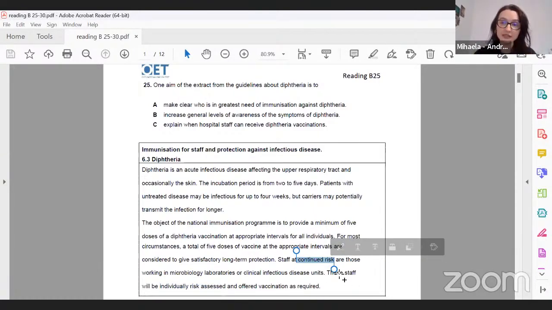If they are at continued risk, it means that they are constantly predisposed to getting diphtheria. Therefore, they should be immunized. So it makes clear who: staff at continued risk. Great. So then the option is A.